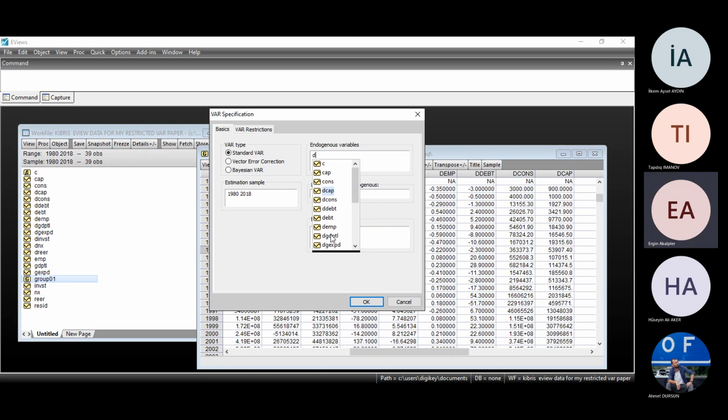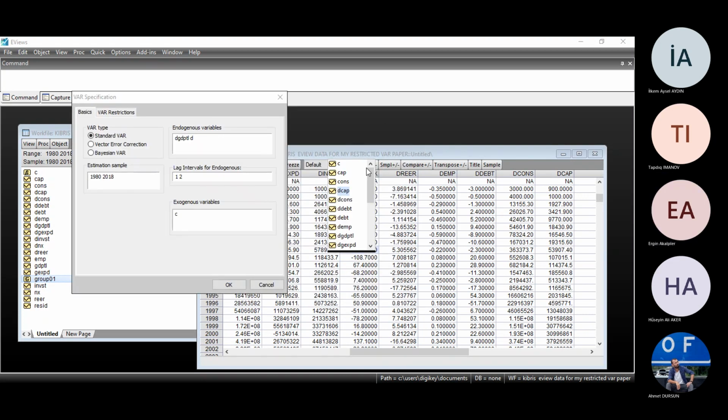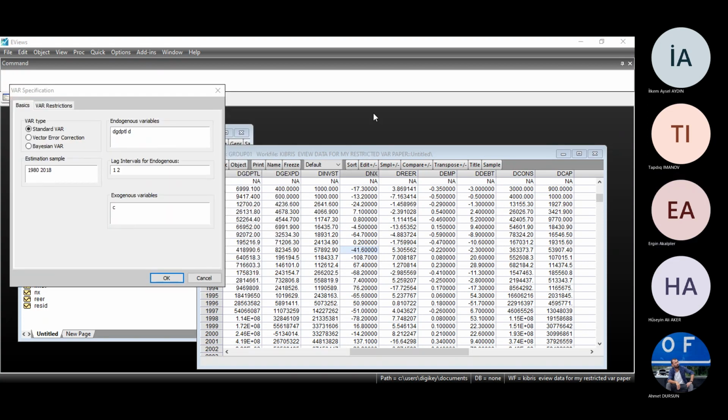Okay, I will start with the dependent variable. Let me see the order of these variables. I will follow the line of this table.